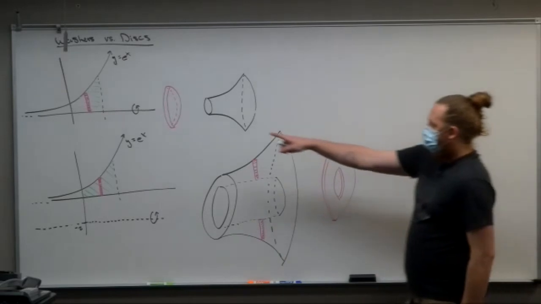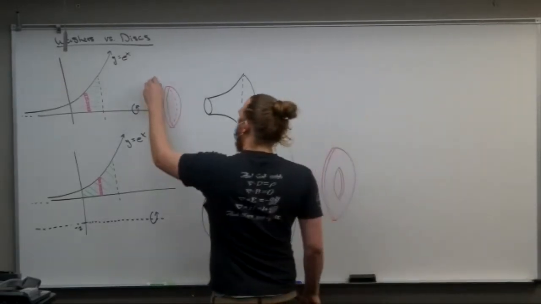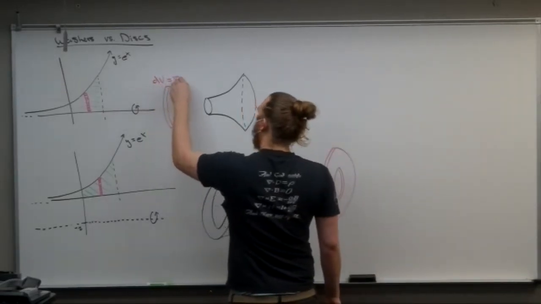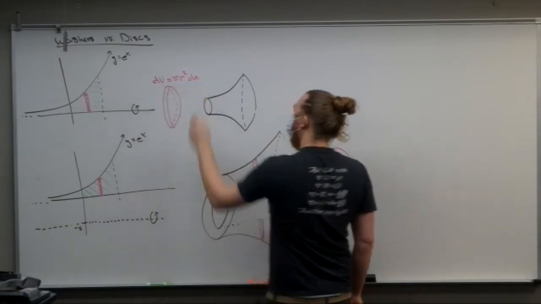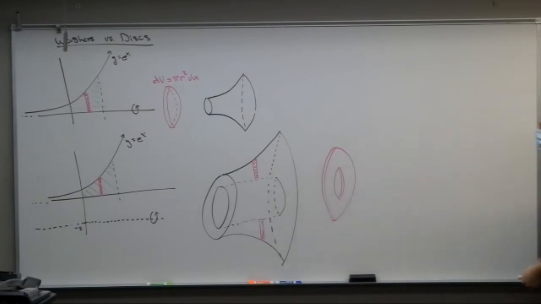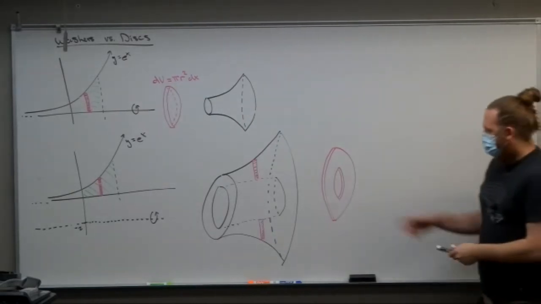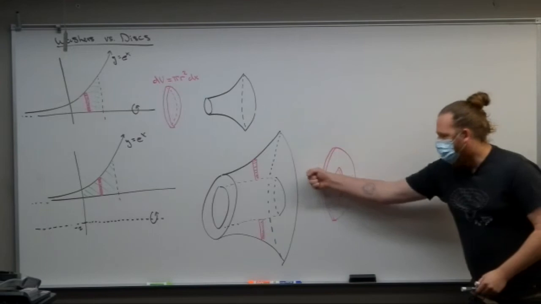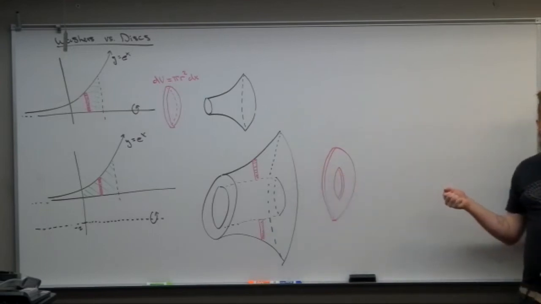So we know that the little differential volume here, dV, is pi r squared dx. The little differential volume here is slightly more complicated. One way to think of it is as a big disk that's had a hole punched out of it that is also disk shaped.